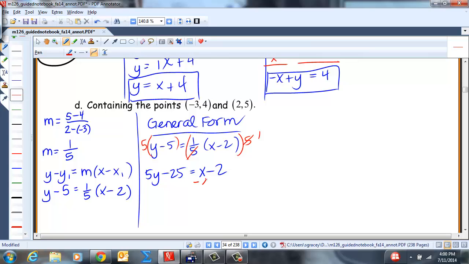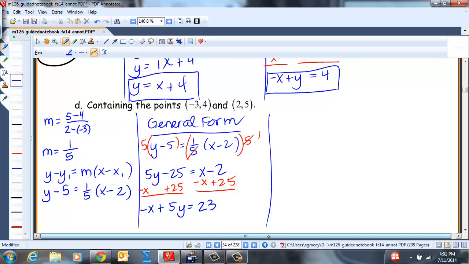So subtracting x from both sides and adding 25 to both sides, we will get -x plus 5y is equal to 23. So that will box our answer.